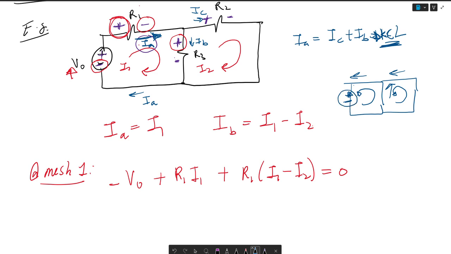And then my voltage would be plus and minus. So this would be plus, minus, plus, minus. And this would be plus, minus, right? And essentially I would get the same answer, okay? And you will see in your engineering careers that depending on how a person learns these methods, their written equations, so this is my equation 1, will be different from another person's.